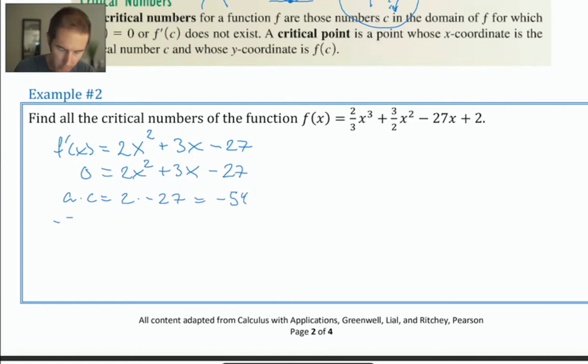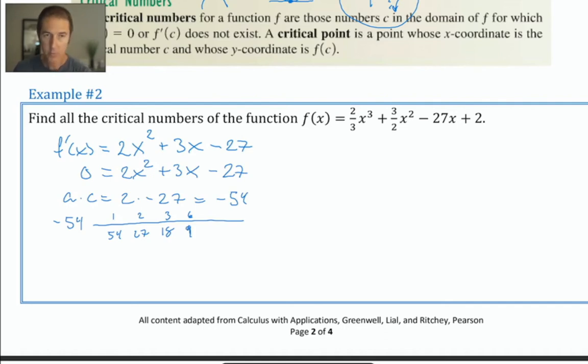I'll take the negative 54 and make my list of factor pairs of numbers that multiply to negative 54. So that's 1 and 54, 2 and 27, 3 and 18, 4 is not going to work, 5 is not going to work, 6 is going to work though. 6 goes into 54 9 times, and I found it.